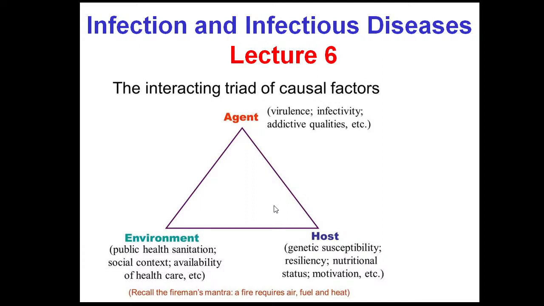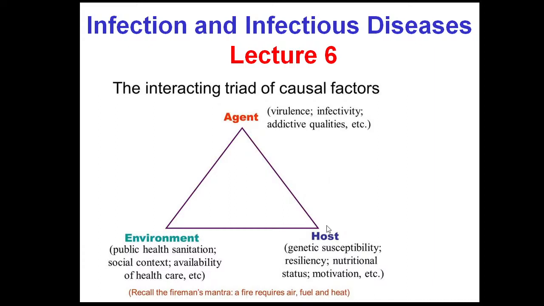This is what we will start with. At the very first slide you can see the very simple chain of infection, the interacting triad of causal factors of the diseases. These are the factors connected with the agent, the quality of the microbe, including virulence, infectivity, and so on.